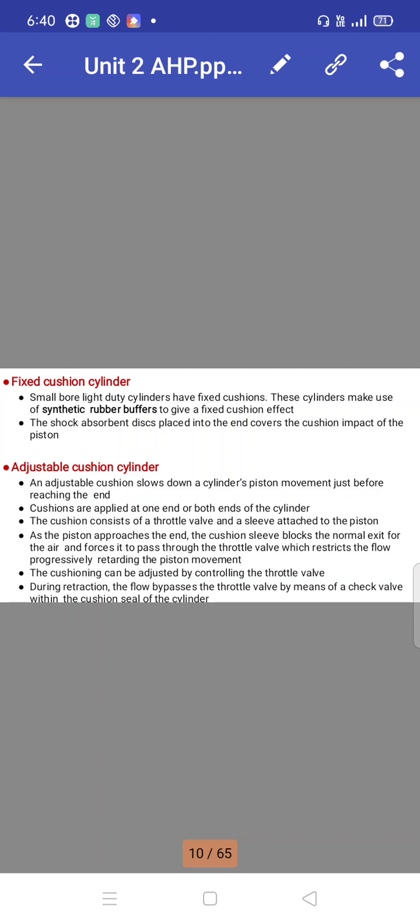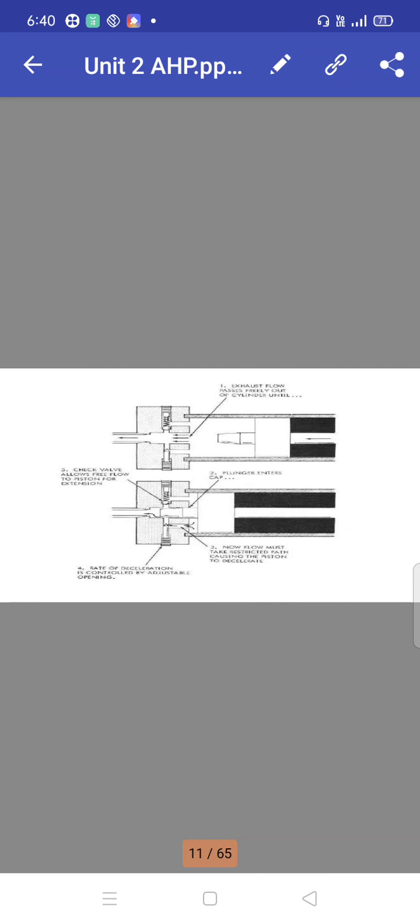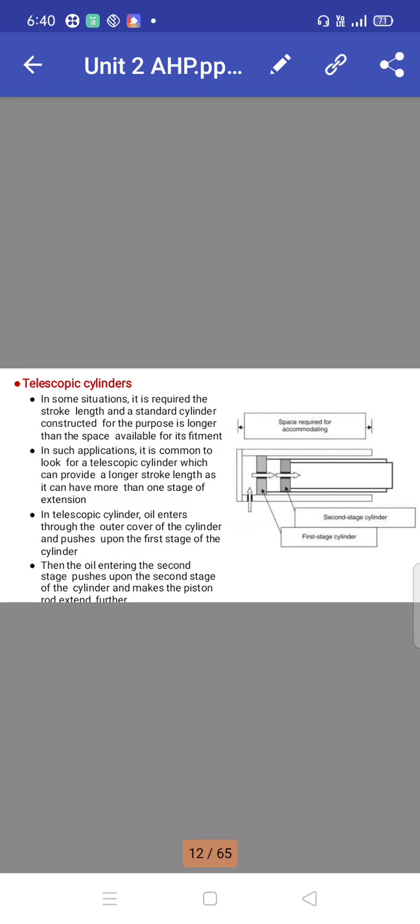As the piston approaches the end, the cushion sleeve blocks the normal exit for the fluid and forces it to pass through the throttle valve, which restricts the flow progressively, retarding the piston movement. The cushioning can be adjusted by controlling the throttle valve. During retraction, the fluid pressure bypasses the throttle valve by means of a check valve within the cushion seal of the cylinder. This is the diagram.